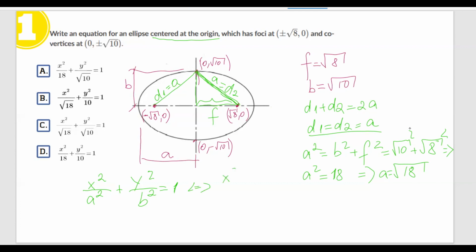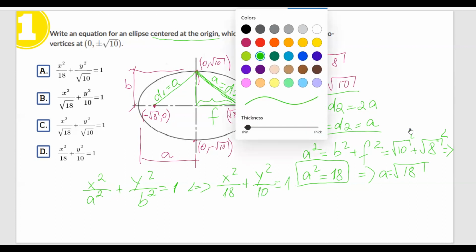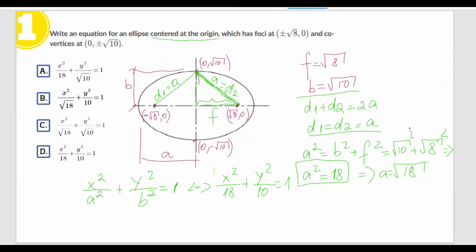We have x squared over a squared, this is why I left this as a squared, equal to 18, plus y squared over b squared. We have b squared equal to 10, equals 1. And this is the equation of this ellipse. Based on these results, we don't have any square roots. The correct answer seems to be D.